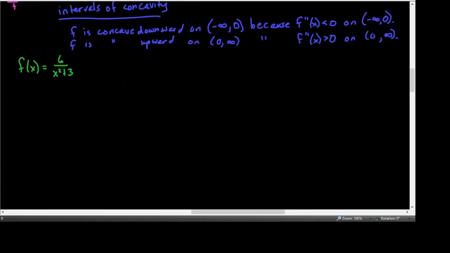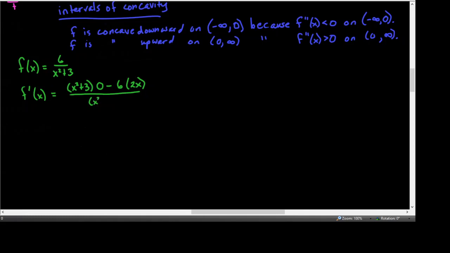And so we will find the first derivative. Since that's a quotient, I guess we can use the quotient rule as is. So low d high, the derivative of the constant 6 is 0, minus high d low, the derivative of x squared plus 3 is 2x, all over the square of low.